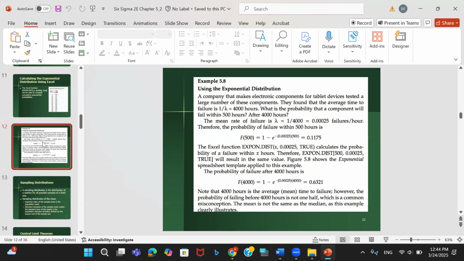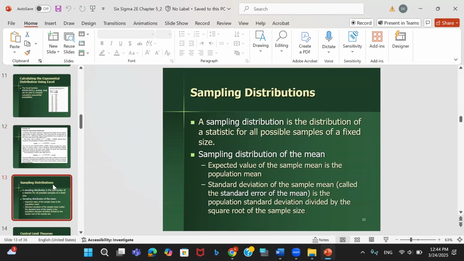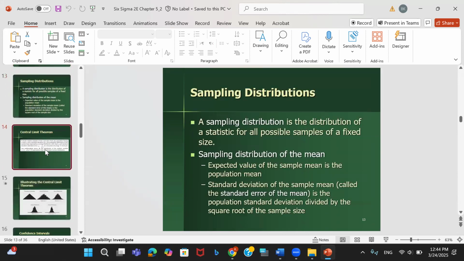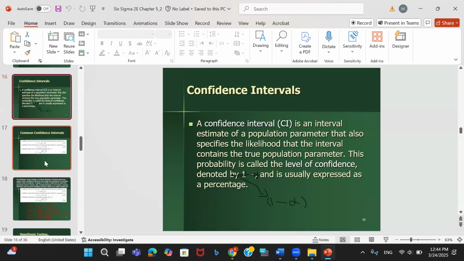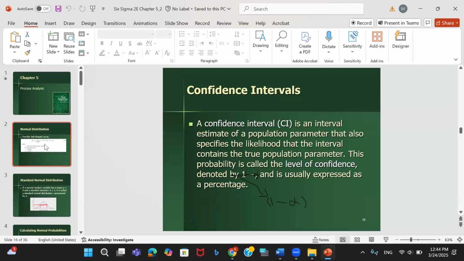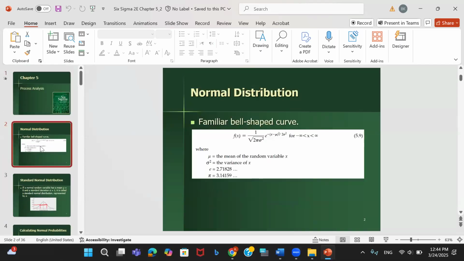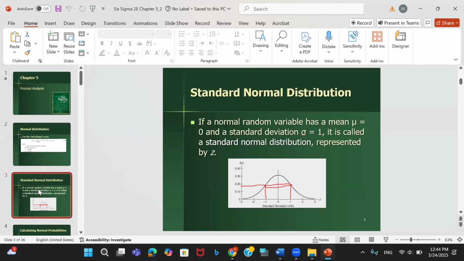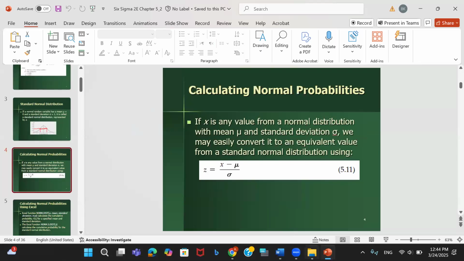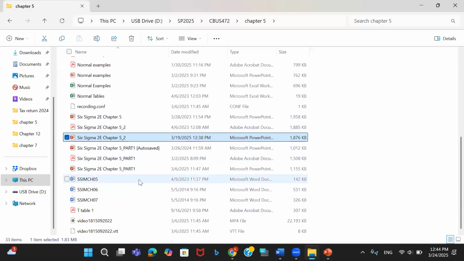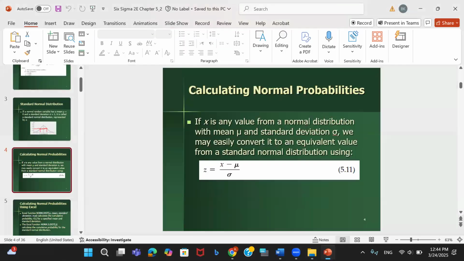Yeah, we provided several methods to calculate the probability. You can use Excel, you can use the formula. This is the normal distribution. You need a copy of the standard normal curve. I explained that in the recordings and also here on the PowerPoint.